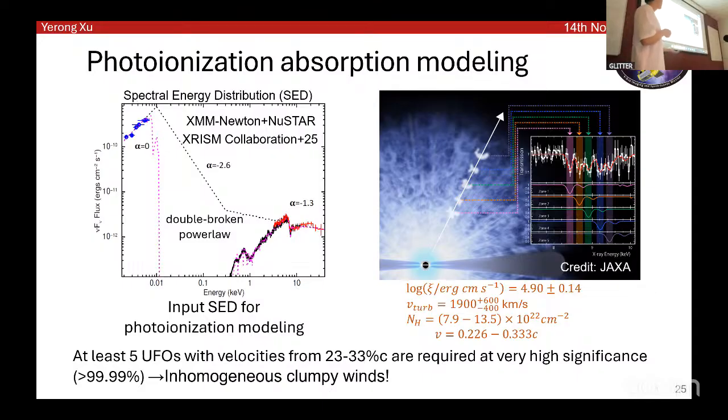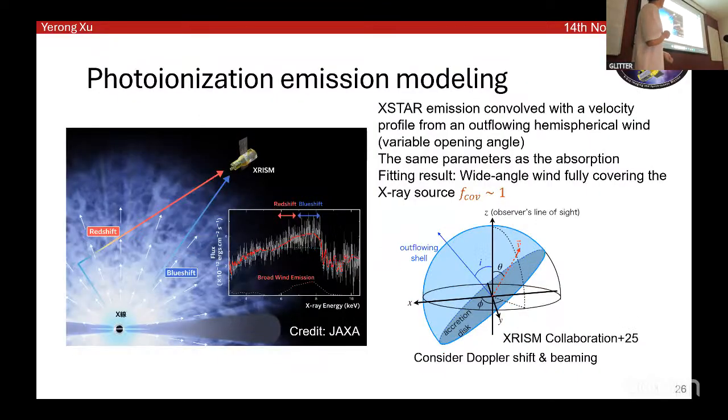And the discovery of these 5 distinct absorption components means that the UFOs in PDS 456 are not homogeneous and not smooth outflows, but they are highly inhomogeneous and clumpy. As for the emission part, since we observe a very broad emission profile, such a broad emission profile must come from photons with strong blueshift and redshift.